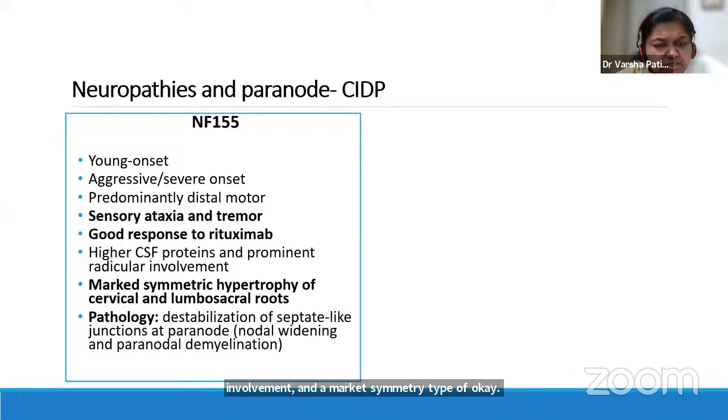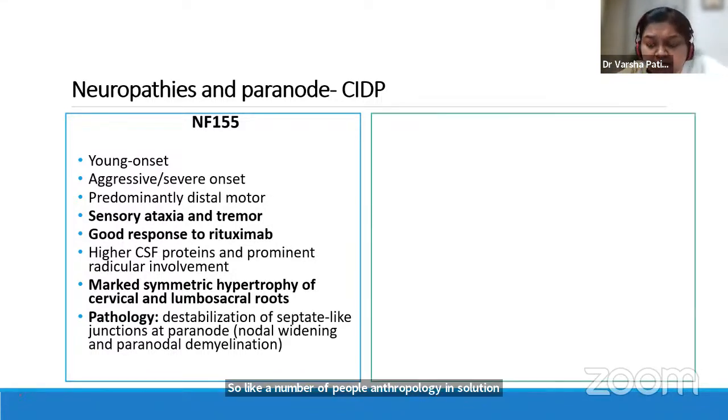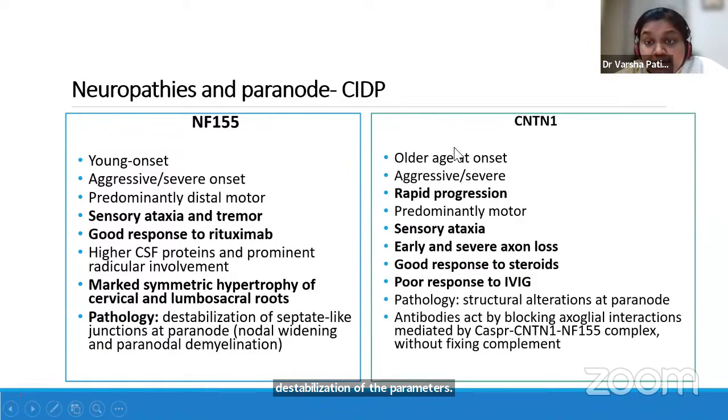Pathology is usually destabilization of the paranodes. In contrast, we have the contactin group, which is a little older people, but again very severe. These rapidly progress, have very good response to steroids, but a very poor response to IVIG. These again are through blocking of the Caspr-contactin-NF155 complex.